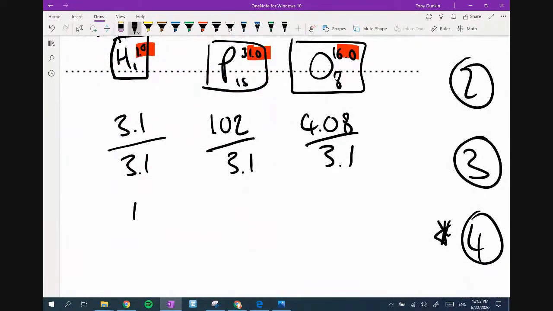So that becomes 1, hence the simplest whole number ratio. 1.02 divided by 3.1 gives me 0.33 rounded. That's interesting. So there's my fraction. And then 4.08 divided by 3.1 gives me 1.32.